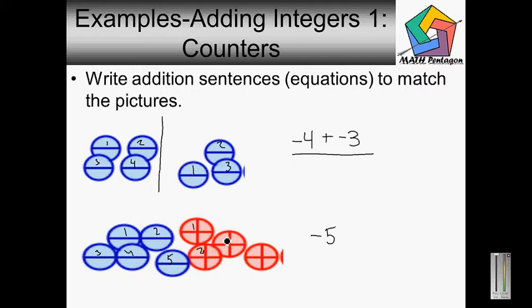So we have 1, 2, 3, 4. We're adding, of course, and a +4. So this is how you would write an addition sentence or equation to match the picture right here. So it would be -5 plus 4, and that would be our final answer to this.